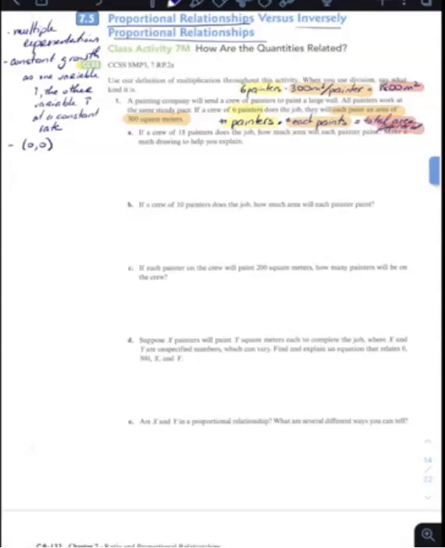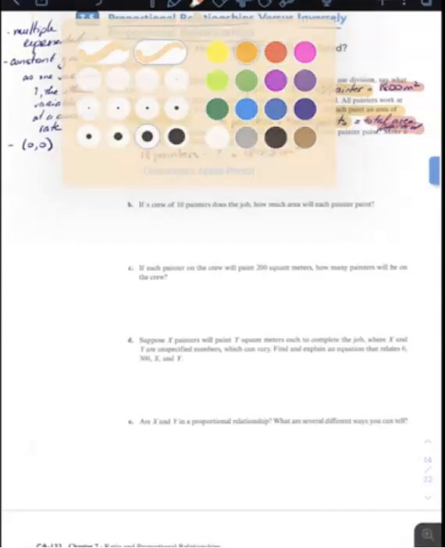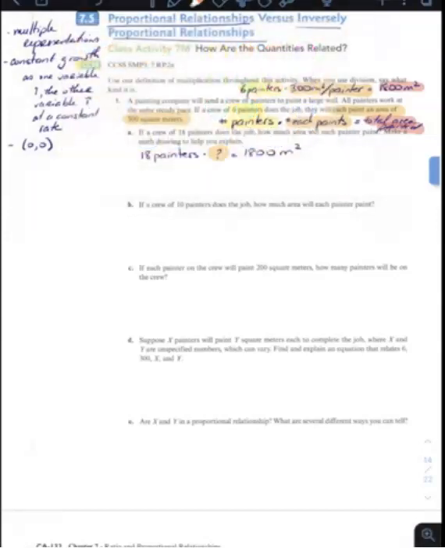So if we look at what we know now, we have 18 painters times I don't know what equals 1,800 square meters, right? How much will each paint? So what we're looking for here is how much each paints. Okay, so let's see what we can do with this.